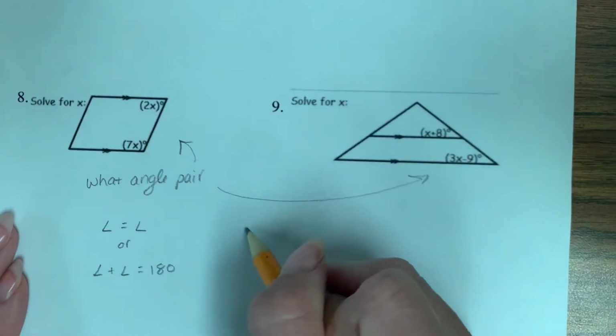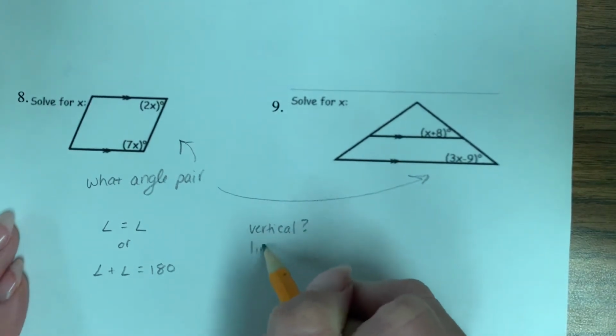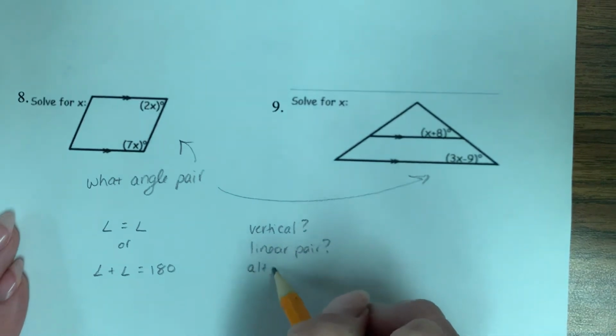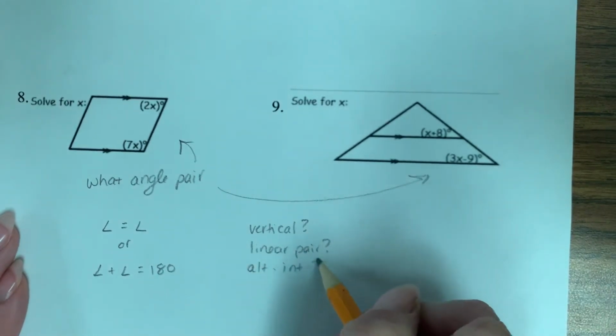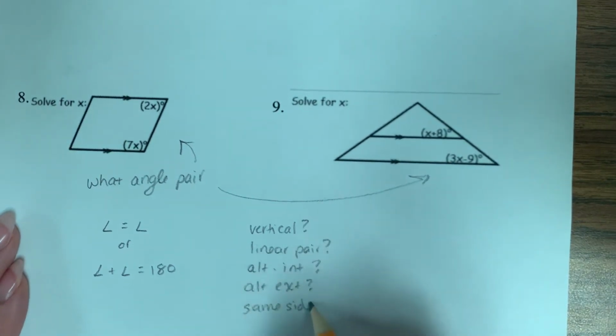Remember, the angle pair names are vertical, linear pair, alternate interior, alternate exterior, same side interior, same side exterior, and corresponding.